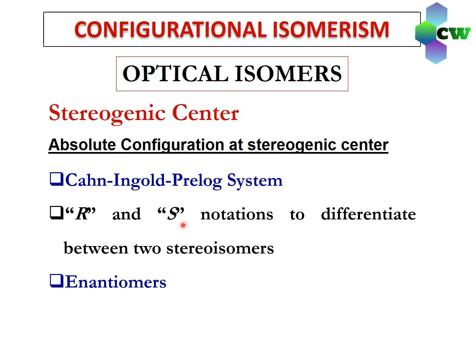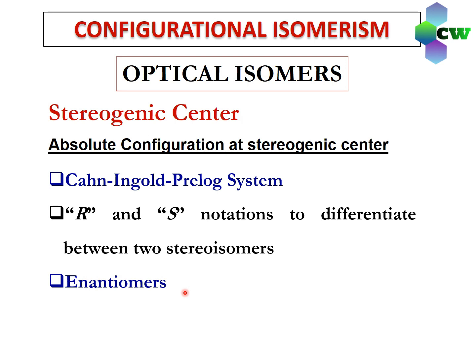Now, if two isomers are such that one of them has R stereochemistry and the other has an S absolute configuration, they are said to be enantiomers of each other. So isomers that have opposite stereochemistry or opposite absolute configuration at a particular stereogenic center are said to be enantiomers of each other.